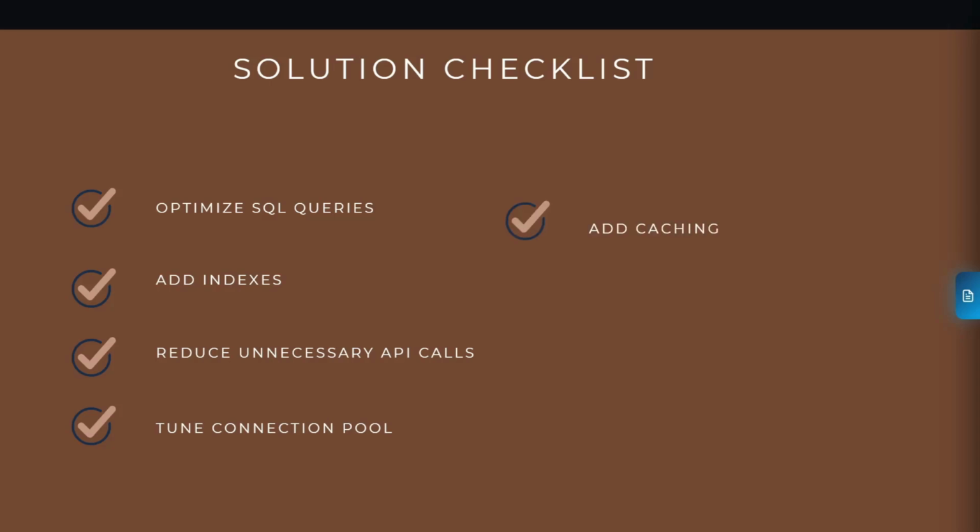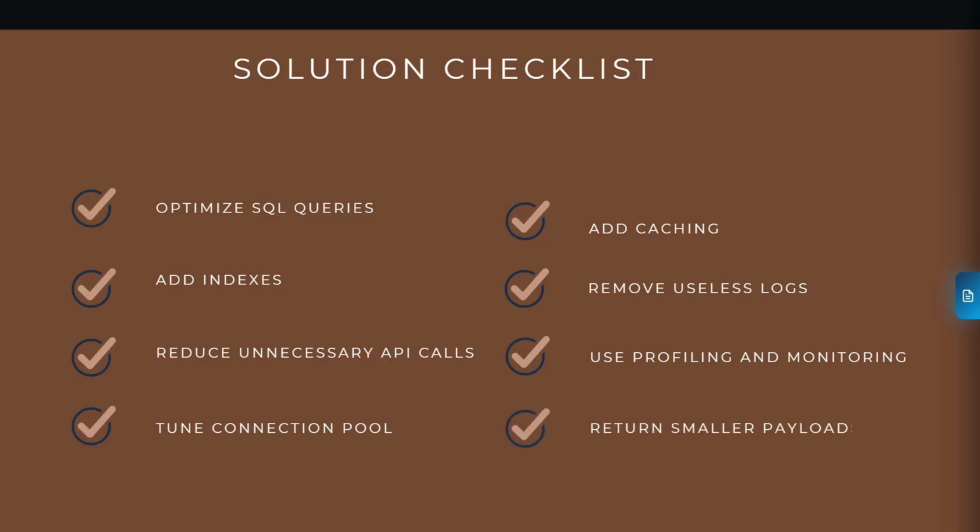Then implement a caching mechanism when fetching queries. Then remove the useless logs and use only minimal and meaningful logs in production. Next is profiling and monitoring: in Spring Boot, we can use Spring Actuator, by which we can monitor each API's response time. And the last one, we have to return smaller payloads.